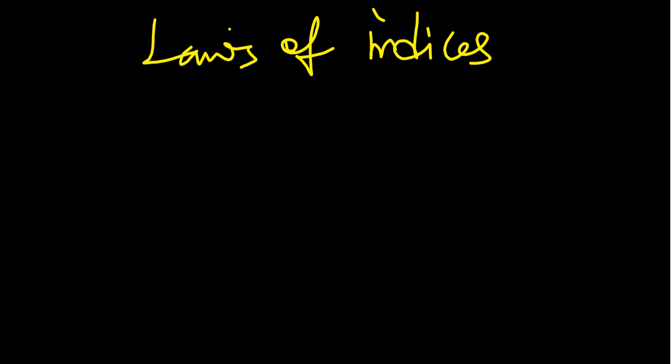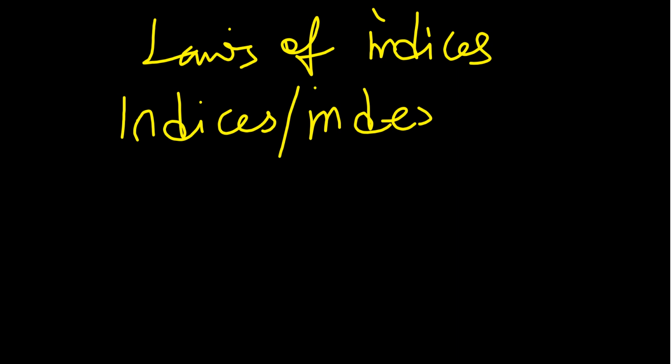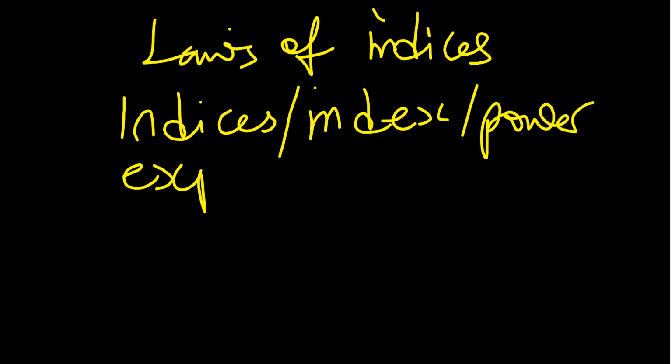But before we delve so much into the laws of indices, let us define a few things, like indices, which can also be called index, power, or exponents. It means how many times a number can be multiplied by itself.